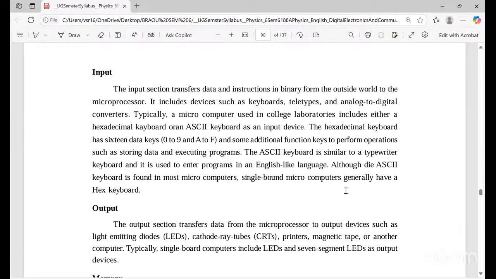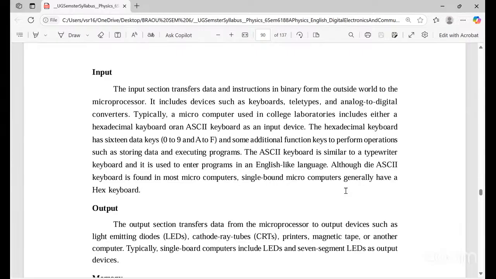Microcomputers used in college laboratories include either a hexadecimal keyboard or an ASCII code keyboard. ASCII is the American Standard Code for Information Interchange, which is a keyboard for the input device.